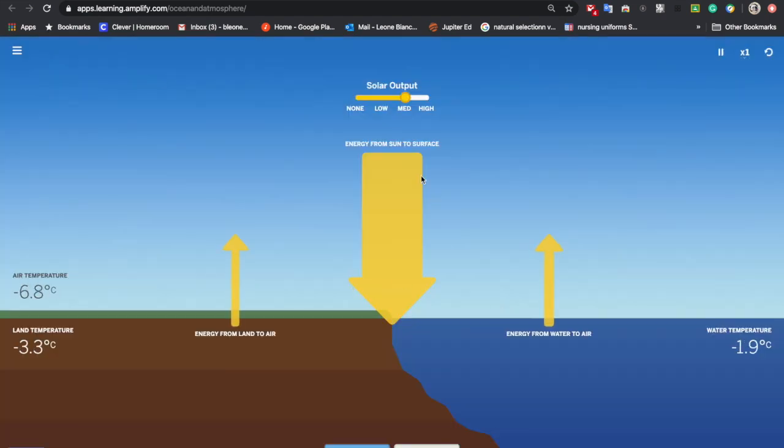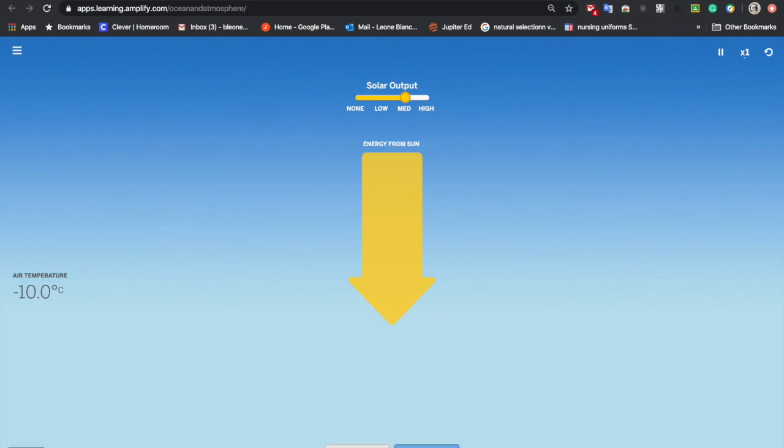The energy is coming from the sun and bouncing back out. And what happens is the temperature from the land is hot and it's heating up the air above it. Water is going at a little bit of a slower pace, but that's okay. What I'm going to look at now is what happens when there's no surface.